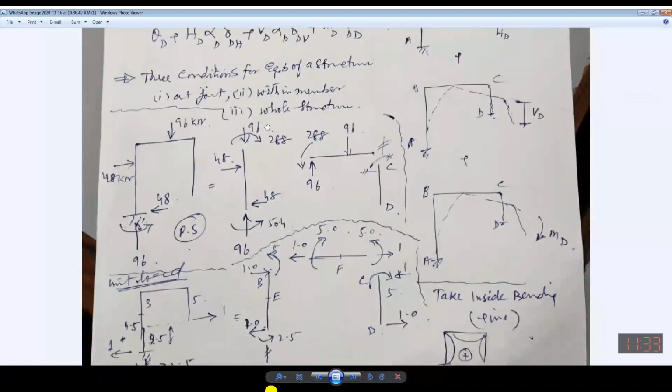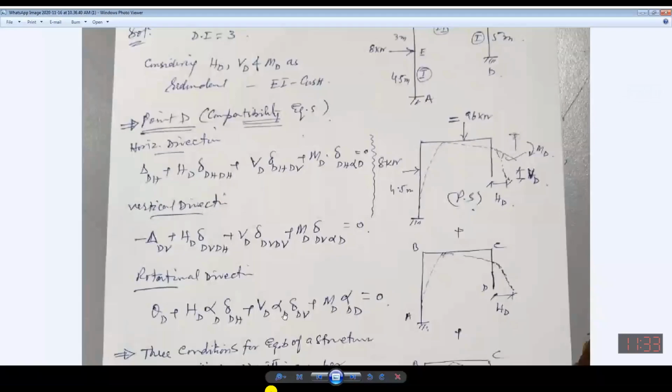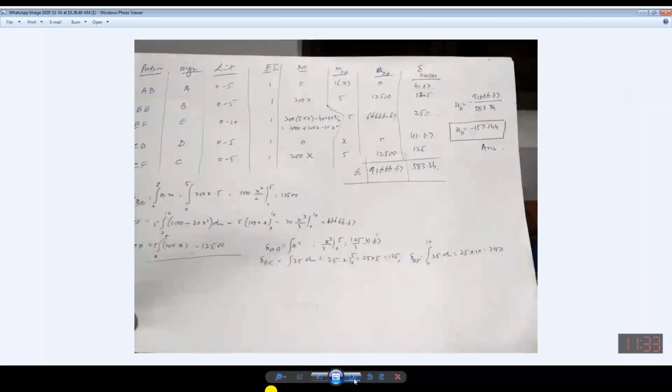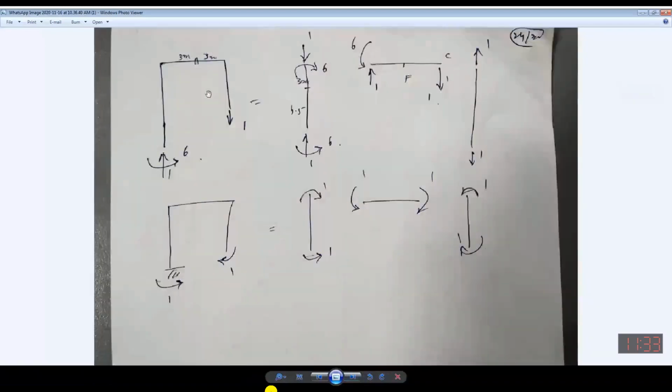Everything is okay. Now the solution, the next page is this one. The same is this one. This is given over there. This is 24, and I will share this with all of you. Now unit load, this is in the vertical direction.